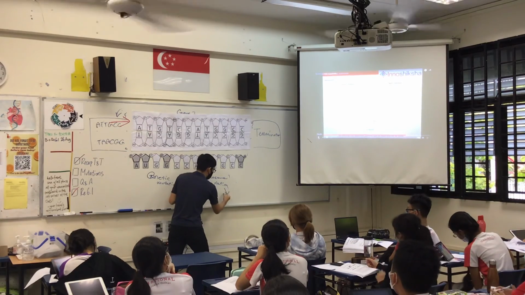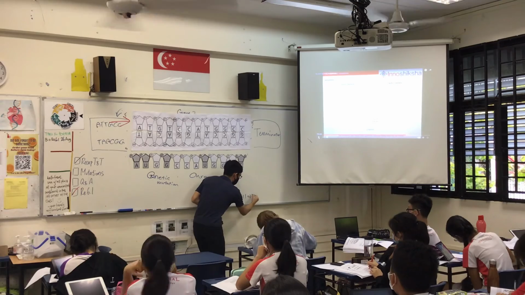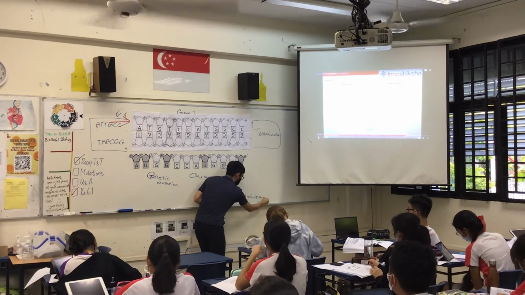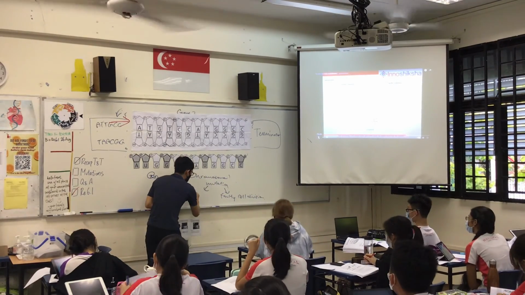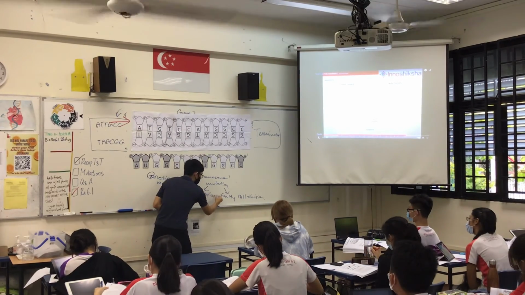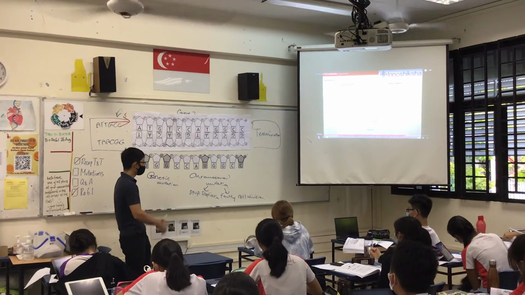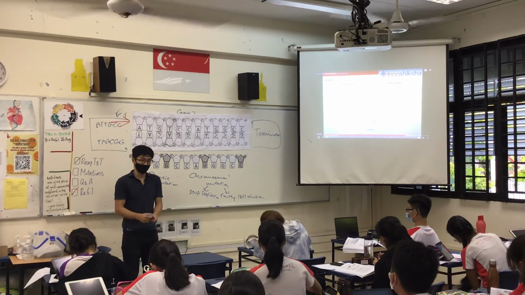One, because of faulty cell division processes. Another, during DNA replication, big mistakes happen. So, two ways in which chromosomal mutations can happen.